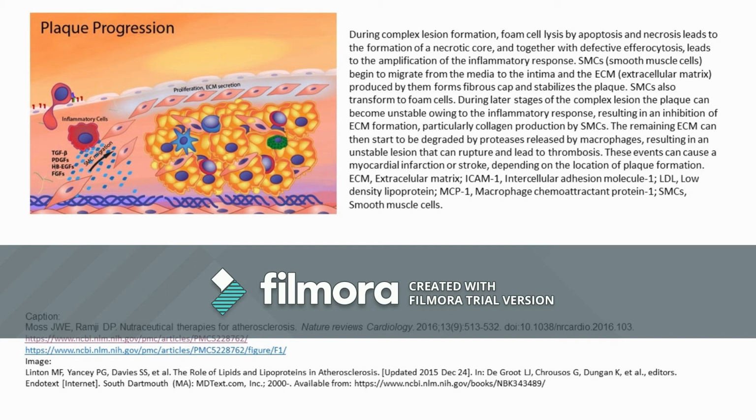The remaining extracellular matrix can then start to be degraded by proteases released by macrophages, resulting in an unstable lesion that can rupture and lead to thrombosis. These events can cause a myocardial infarction or stroke, depending on the location of plaque formation.